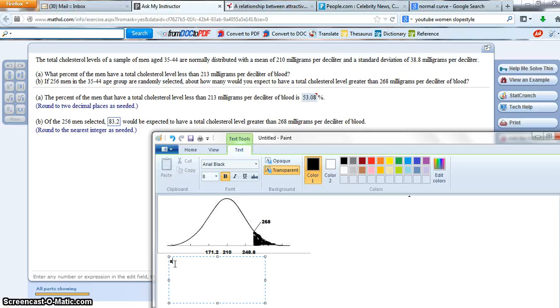So z is equal to 268 minus the mean, which was 210, divided by the standard deviation, 38.8, and that gives me a z-score of 1.49.